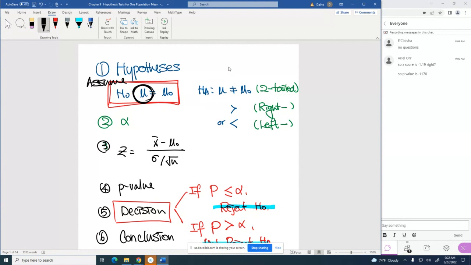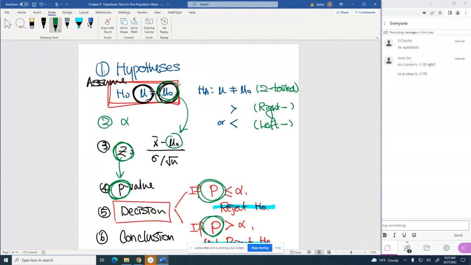So in step number 1, we assumed the unknown population mean was equal to mu 0. Because of that, we plug the value into the test statistic to get the z-score. How do we get the p-value? From the z-score, from the left tail, right tail, or even two tails. Then we compare to the alpha to make the decision.